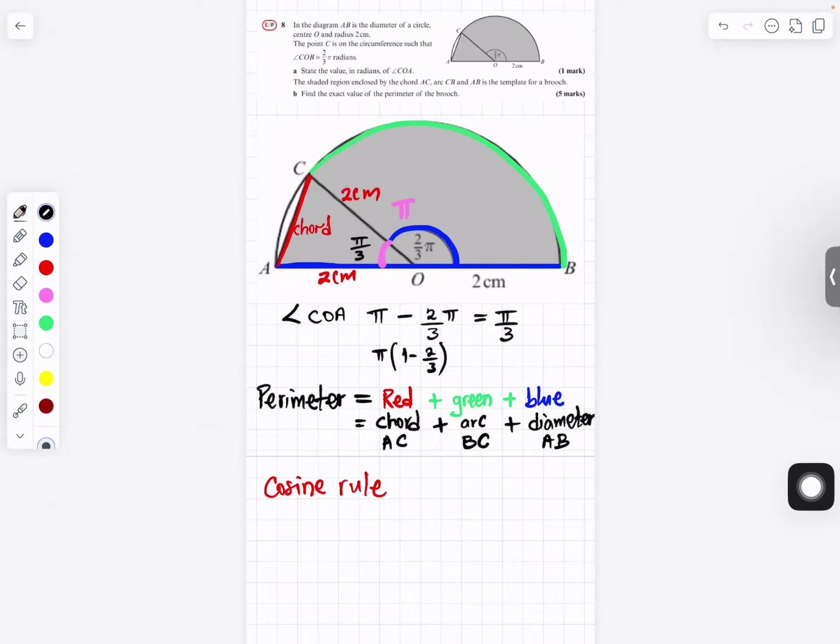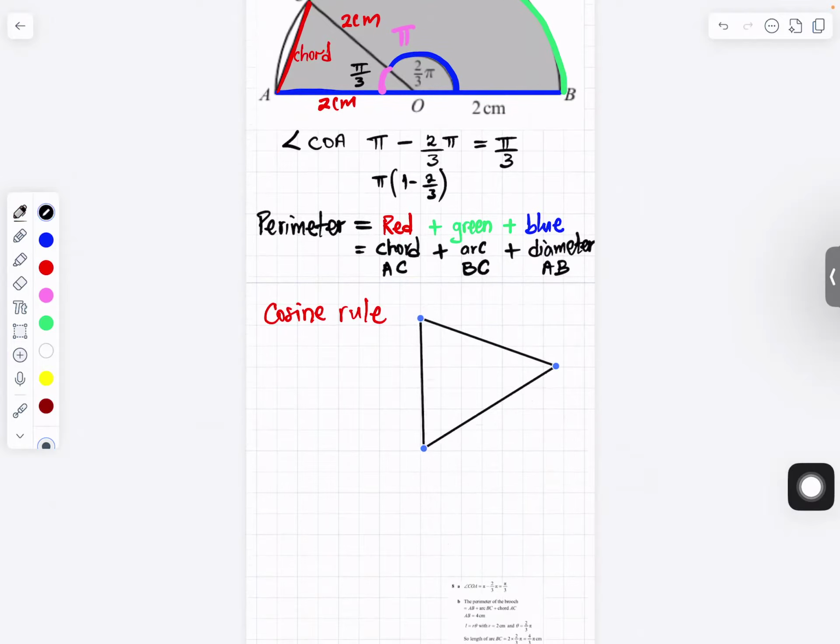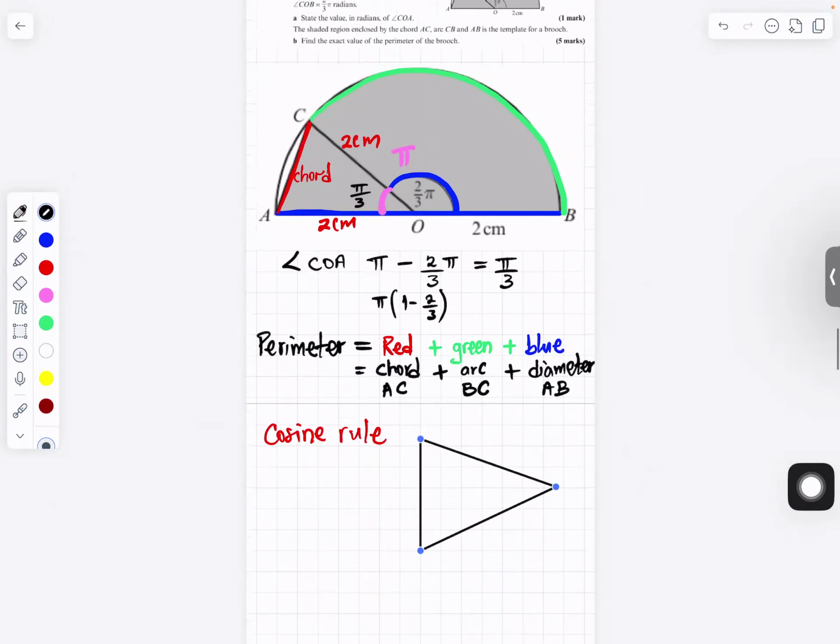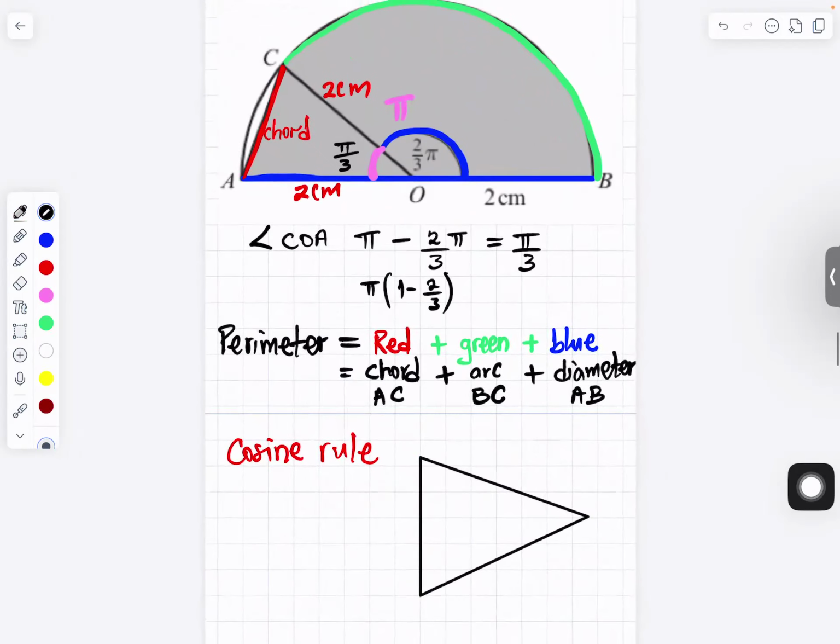Okay, let's take that triangle and draw it out on its own. If we isolate the triangle and draw it on its own, and then we want to check certain things in the triangle. We know one side is 2.